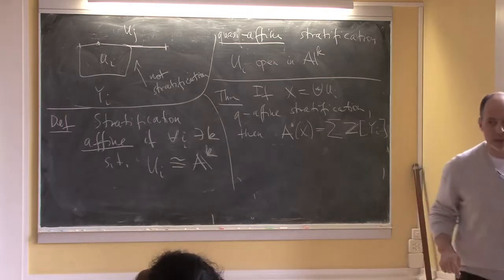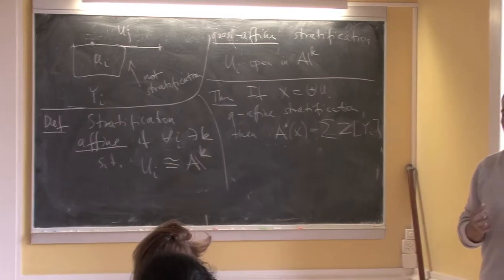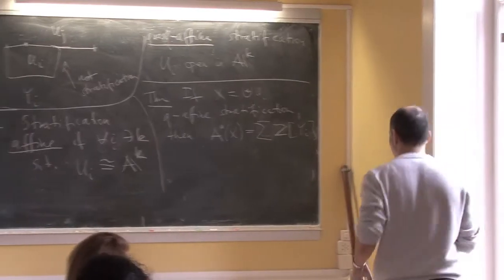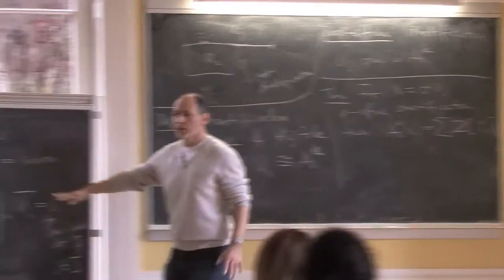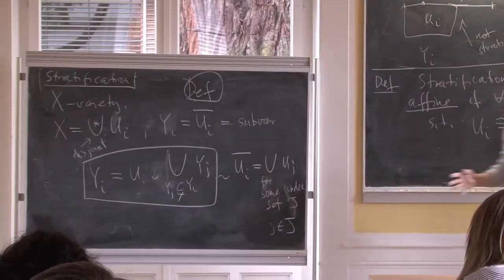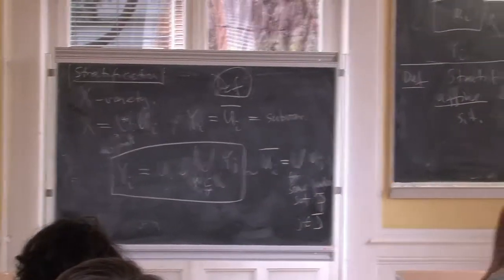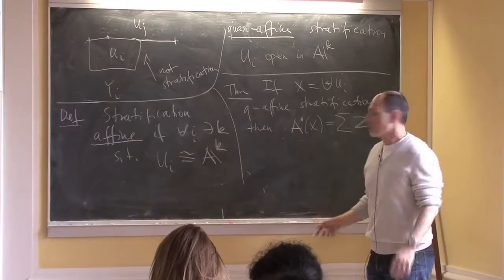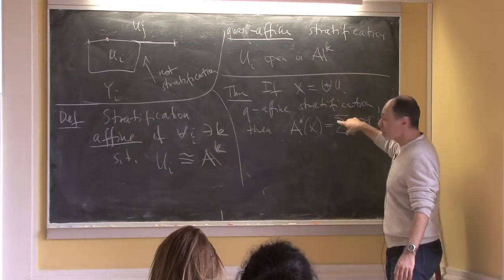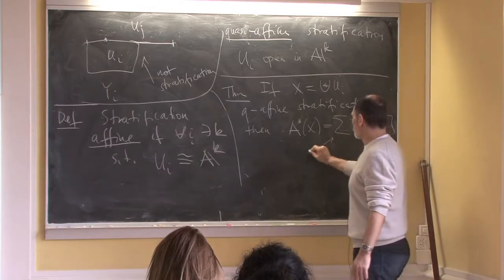So what it means is that in the quasi-affine case, the closures are some subvarieties, and they actually generate the whole thing. So it's not going to be infinite dimensional, it's just going to be some relatively simple thing. Of course, the reason I write a sum here is that there might be relations.